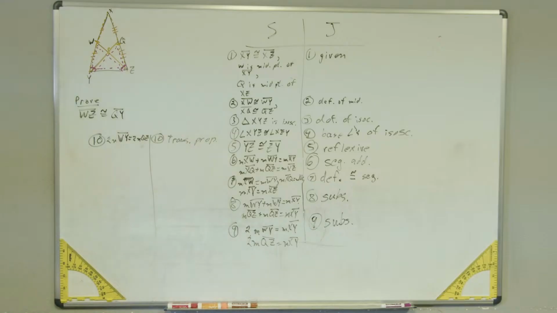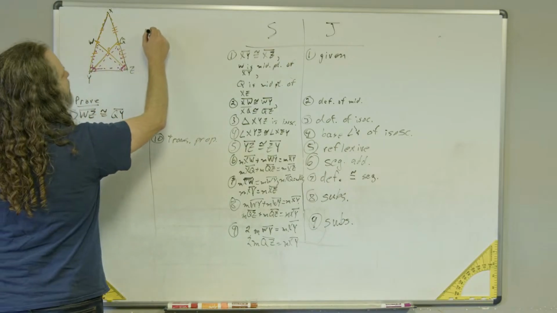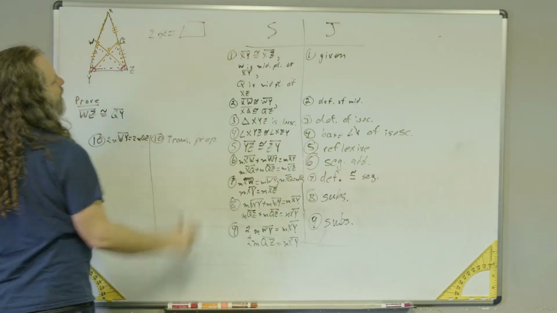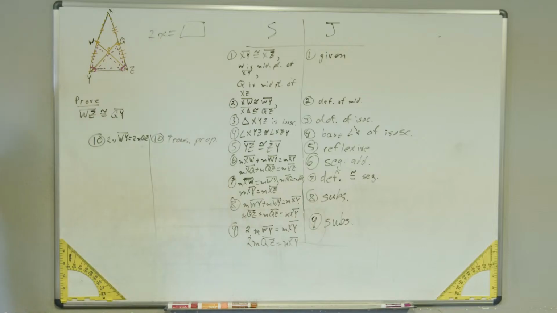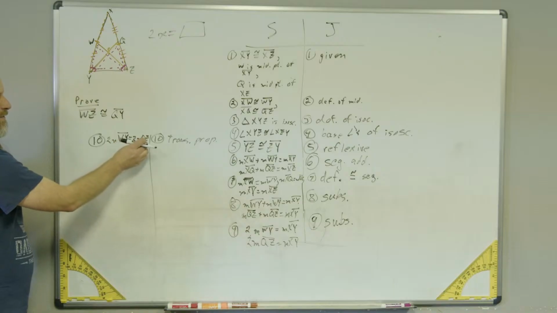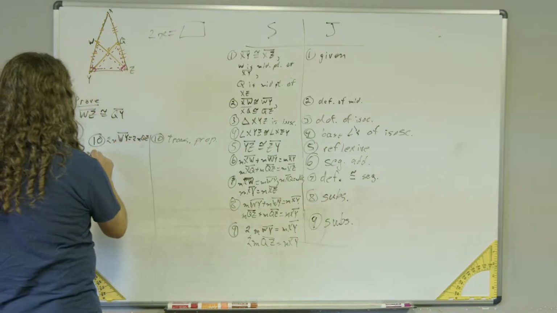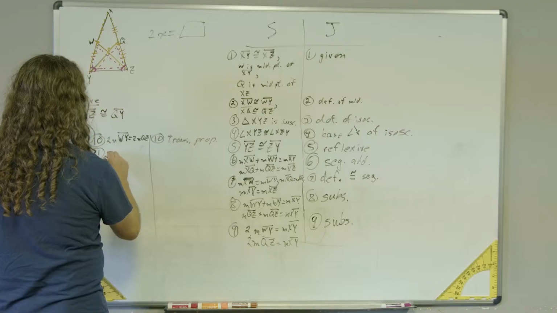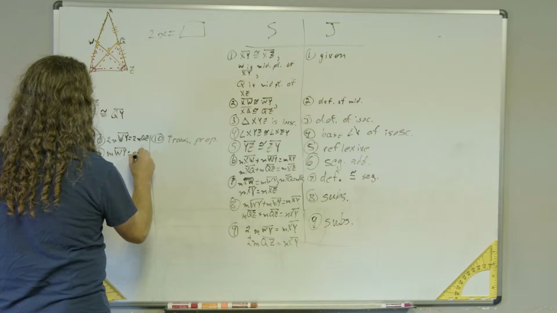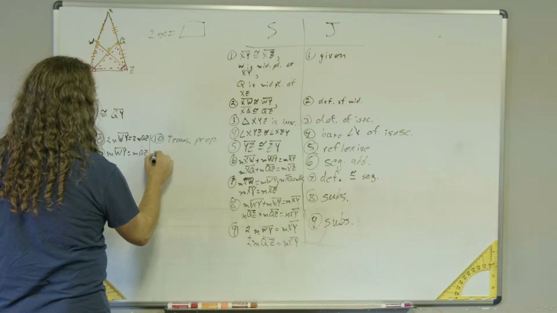What can we do with those 2's? If it was 2x equals something, how could I get rid of the 2? Divide. Divide the 2 on both sides, and this equals this, right? So the measure of WY equals the measure of QZ.